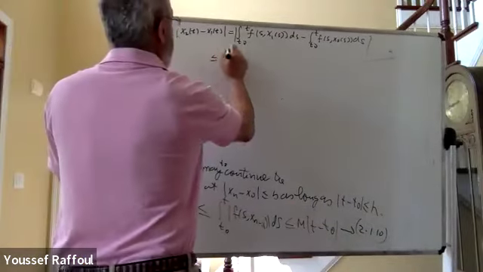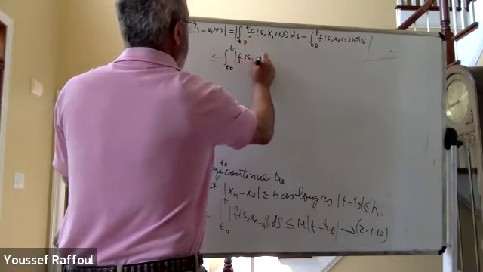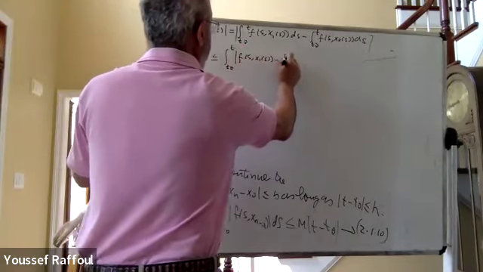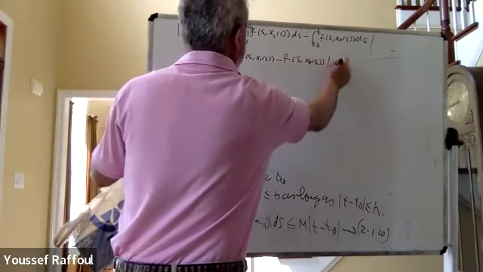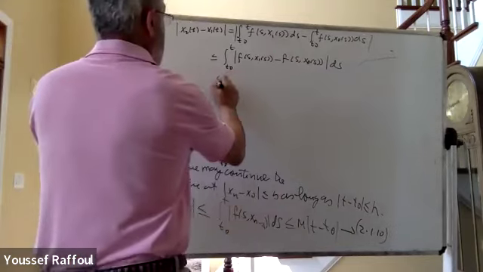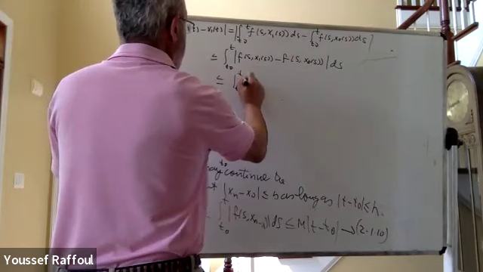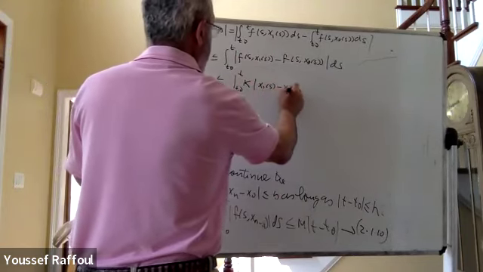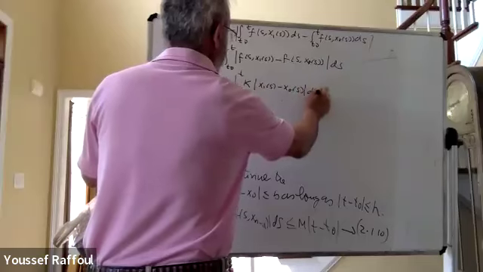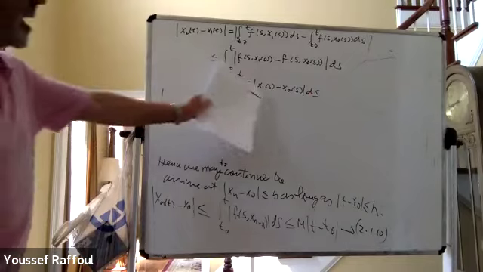So this is less or equal to the integral from t0 to t of |f(s, x1(s)) minus f(s, x0(s))| ds. This is less or equal to, remember, the integral from t0 to t of k times |x1(s) minus x0(s)| ds. Remember that? Due to the Lipschitz condition.